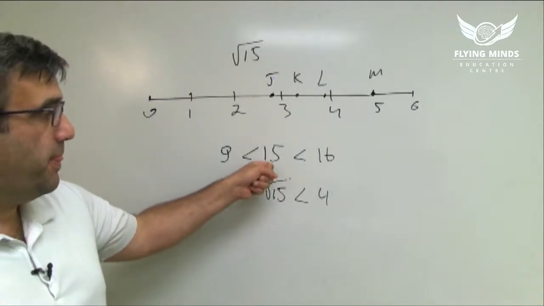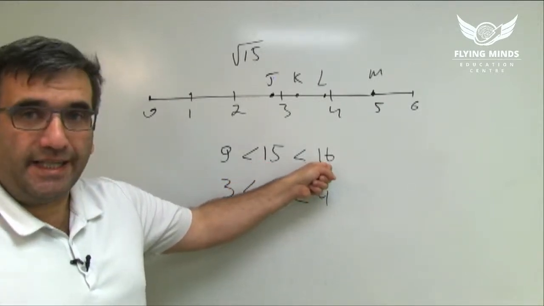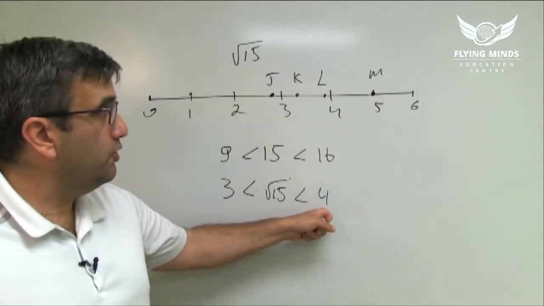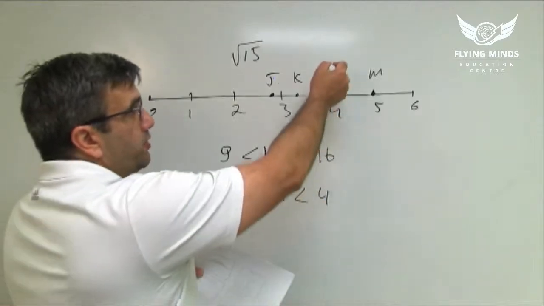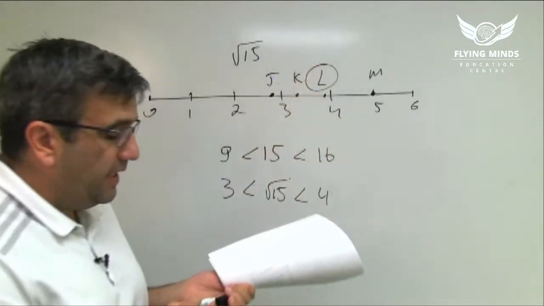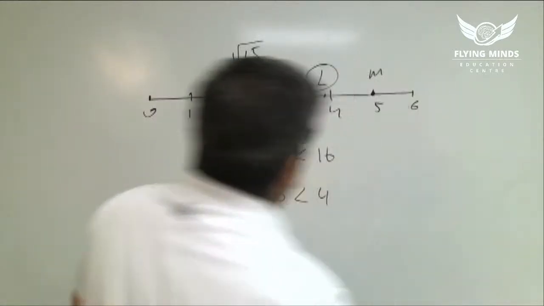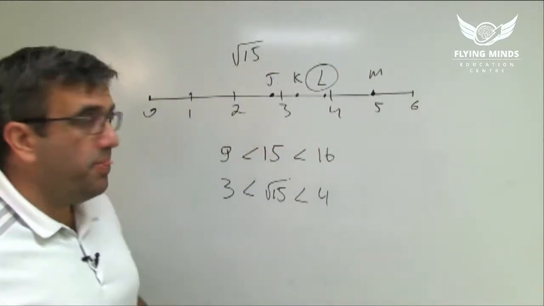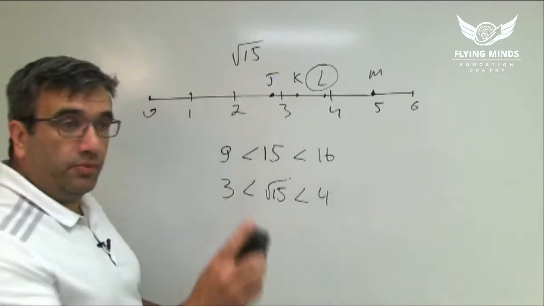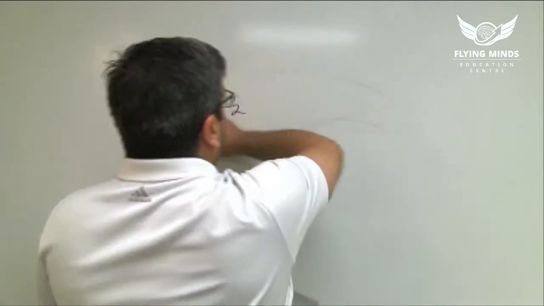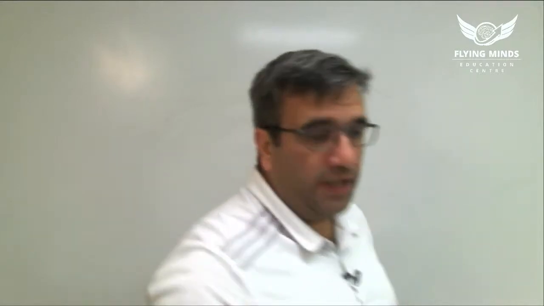And because 15 is very close to 16, the square root of 15 will be close to 4. So the correct answer to this question will be L. I hope this is clear. If not, please type your question in the chat, and let's move to the next question.